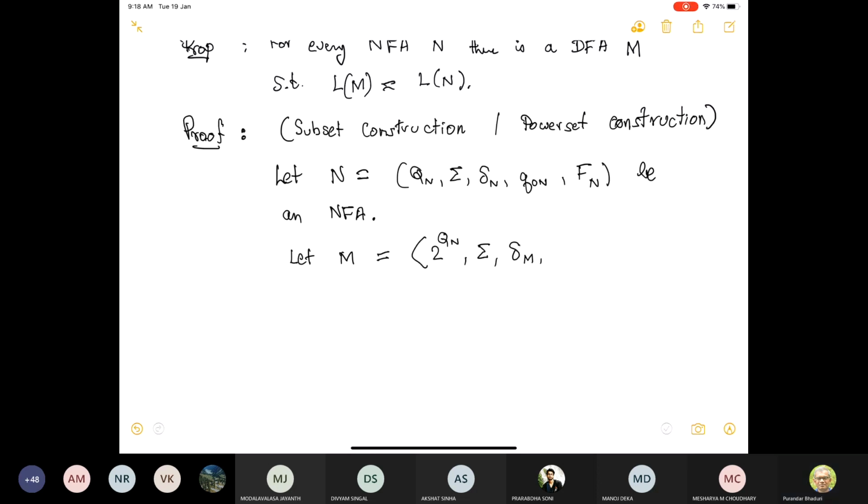right? And so let me write q0_M and F_M, where we already have described the set of states, and delta_M.